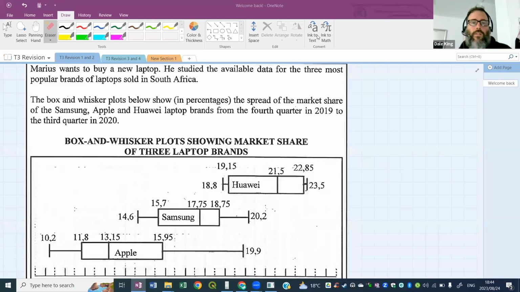What does that mean? I think a market share is, I don't know how to put it. All right, Lebogang looks like she has a Google answer there. Market share refers to the percentage of total sales or revenue that a company or product captures within the market. Okay, yes, competition between businesses and how they own the market.